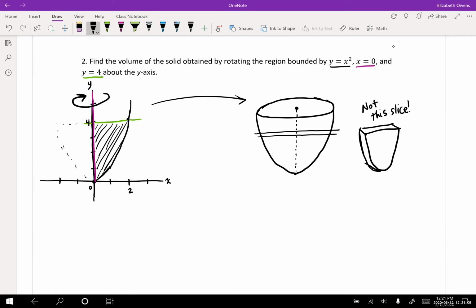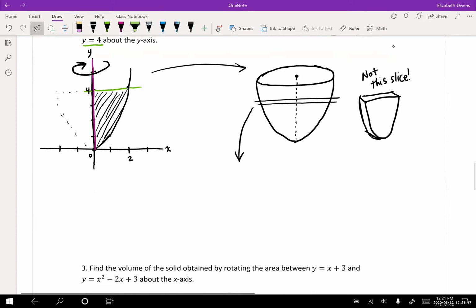So we're going to make that type of slice. All right, because then when you pull that slice out of the object here, it's actually going to look circular. All right, like this. So that's the slice we want to work with. One slice here.